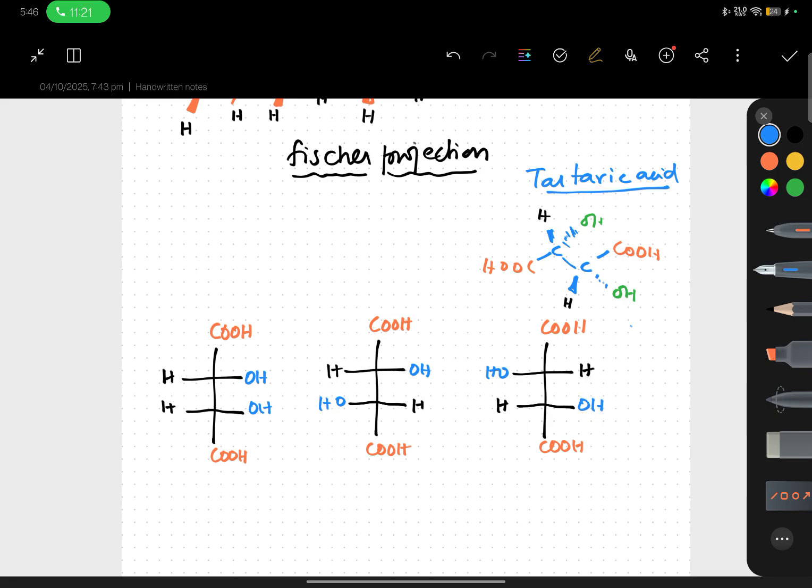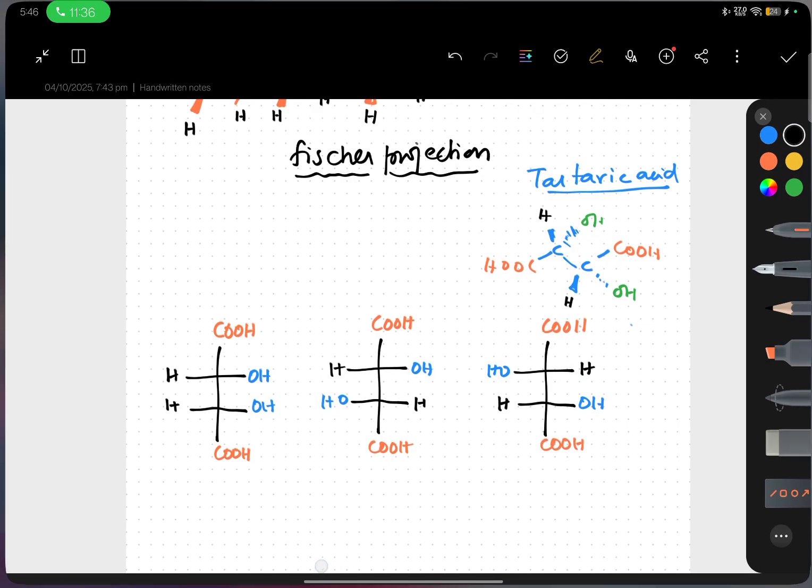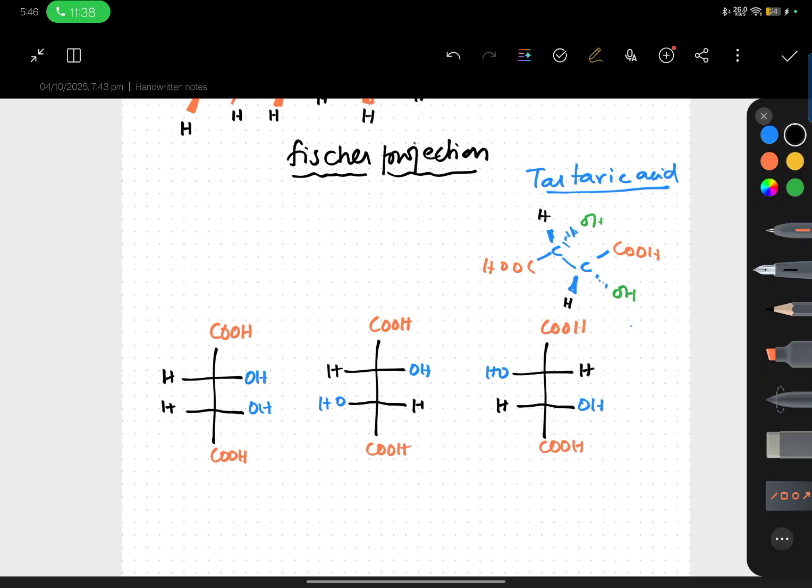So these are the various forms of writing the tartaric acid. Either the OH and H can be on the same side, or the OH can be in the opposite direction. And all of them have a name, okay? This is called meso-tartaric acid. This is plus tartaric acid. This is minus tartaric acid.